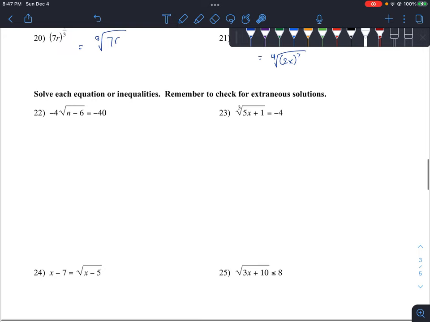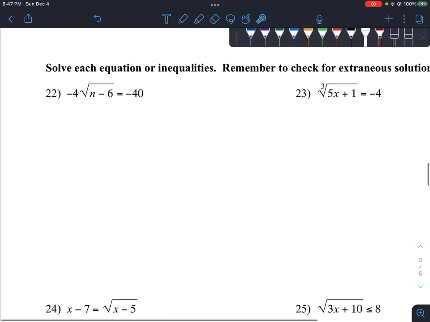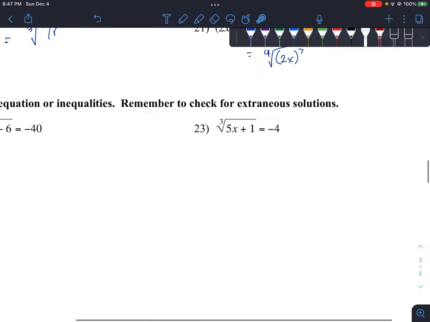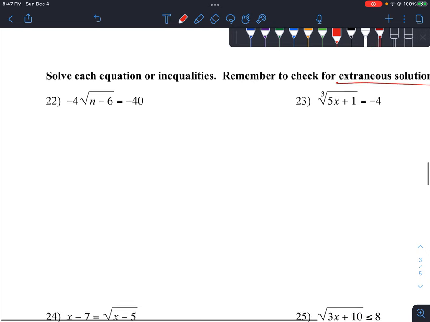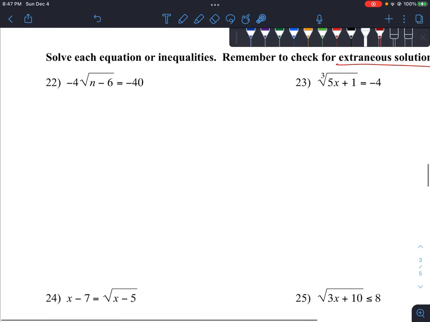Let's go here. Solve each equation or inequality, and remember to check for extraneous solutions. So that's going to be an important part right there. Okay, so what you should be doing is getting the radical isolated. So I'm going to divide both sides by -4. First of all, get the square root of n minus 6 is equal to 10.